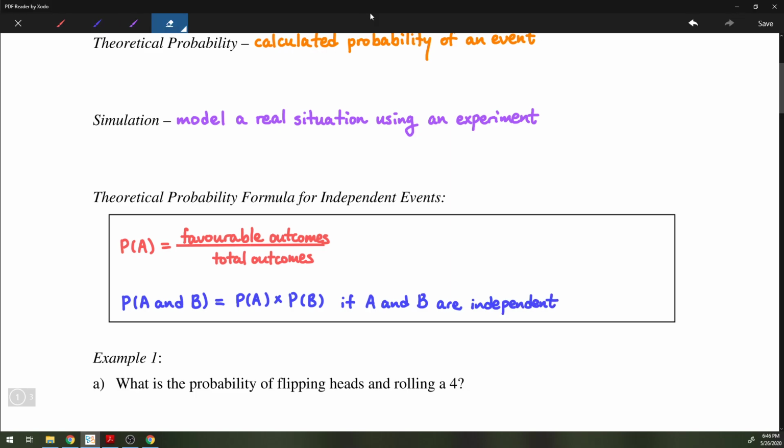You'll also see this symbol used for AND, so I'm just going to write it here, the AND symbol.